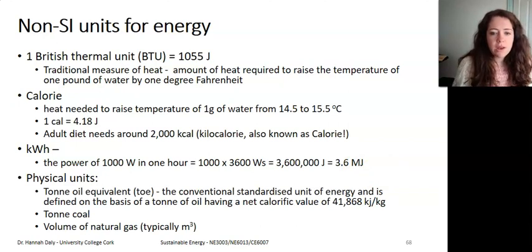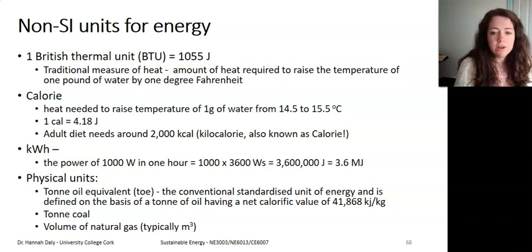And we can also define units of energy in terms of physical units, like a ton of coal or a liter of oil. Some of the common ones here are ton of oil equivalent, TOE, and in many systems you'll see KTOE, kilotons of oil equivalent. The Irish energy balance, the energy statistics, are typically in terms of KTOE.